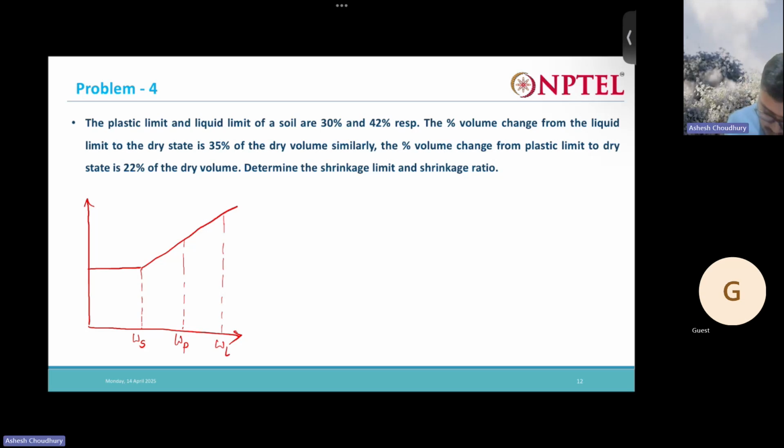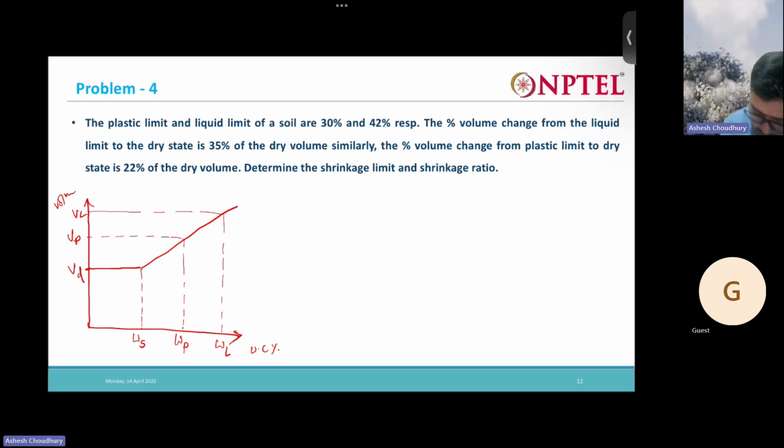Here we have the volume, and here we have the water content percentage. This volume here is my dry volume. This is the volume at plastic limit, and then we have the volume at liquid limit.